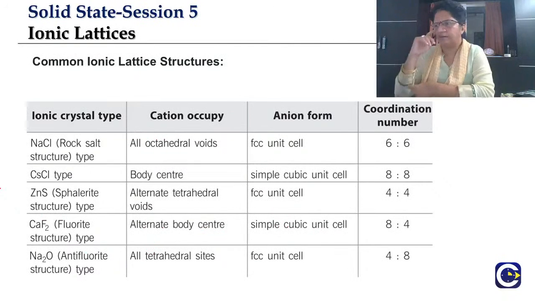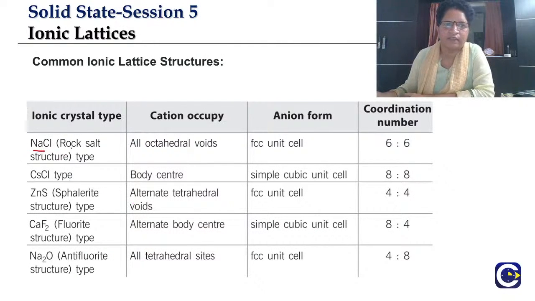Now, the positions are also equally important for us. If I take NaCl, which we also call the rock salt type structure, where are the cations present? At octahedral voids. Where are the octahedral voids present?